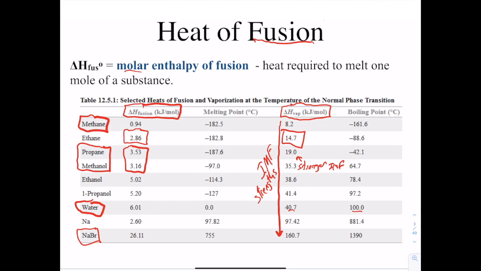This is because we are not completely overcoming the intermolecular forces to separate the molecules, and the change that is taking place is that of a solid to a liquid, which introduces another variable, actually, the crystalline lattice. The different substances have different crystalline lattices.